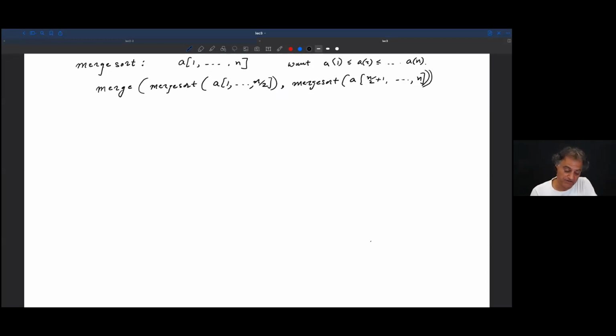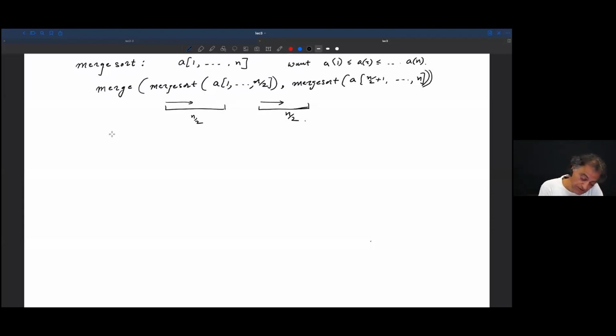So you get back these two lists. This is n over 2. There's another list of n over 2. Each of these is sorted. And now what you want to do is merge them into one sorted list. So you just walk along the one list and along the second list, and you keep pulling elements off according to which order they should go in.